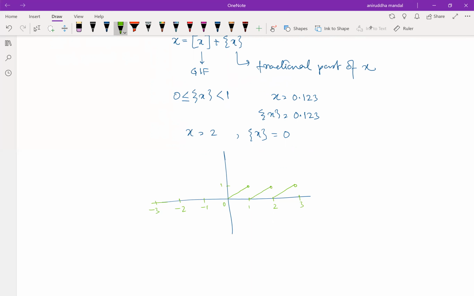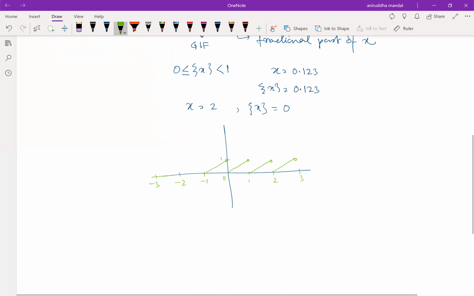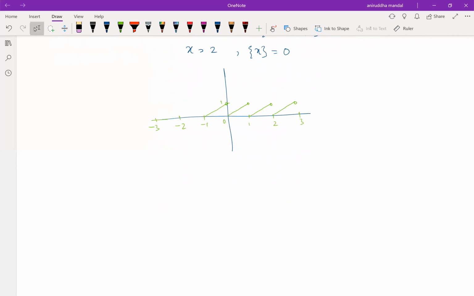So this is the fractional part of x. Now we will do one problem based on this greatest integer function.